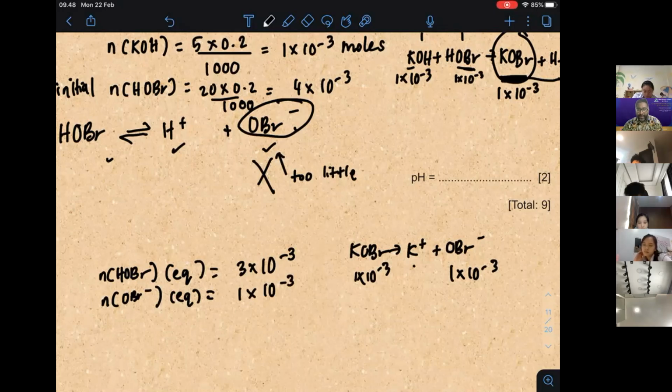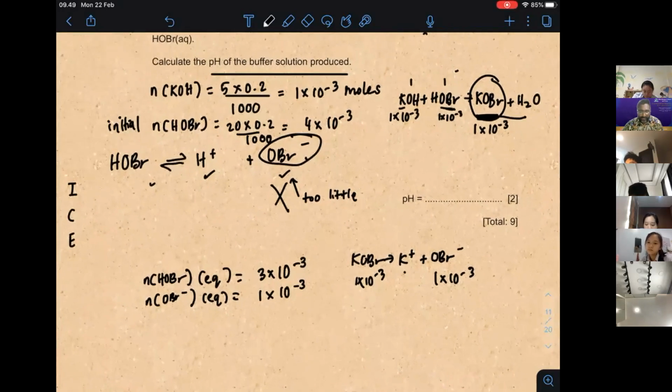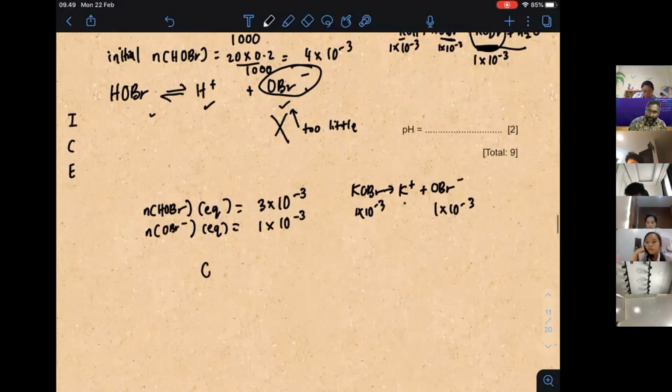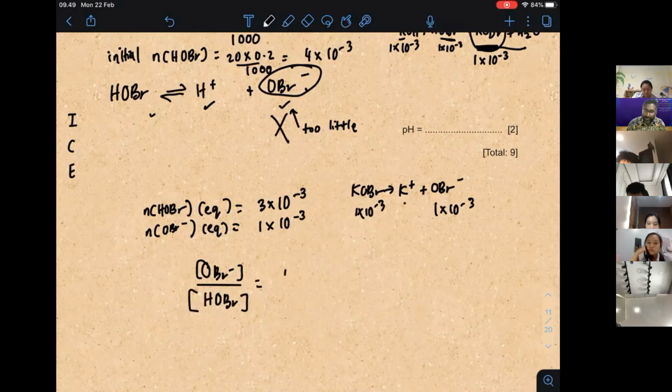Once we have that, we just need to find the H plus. We will look at the ratio: OBr minus divided by HOBr is going to be 1 over 3.